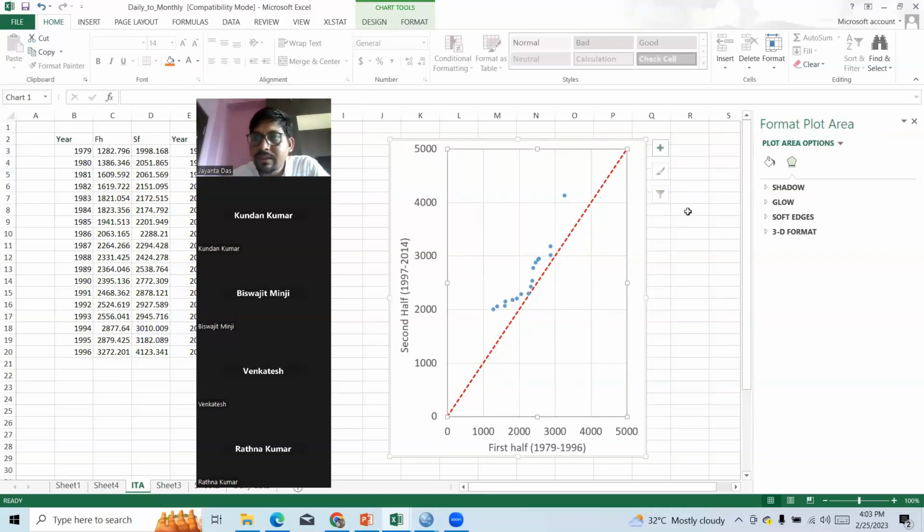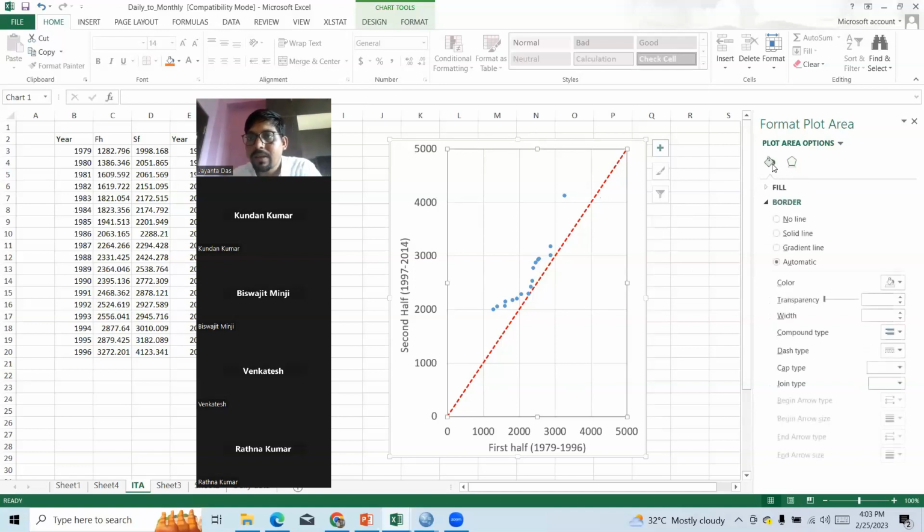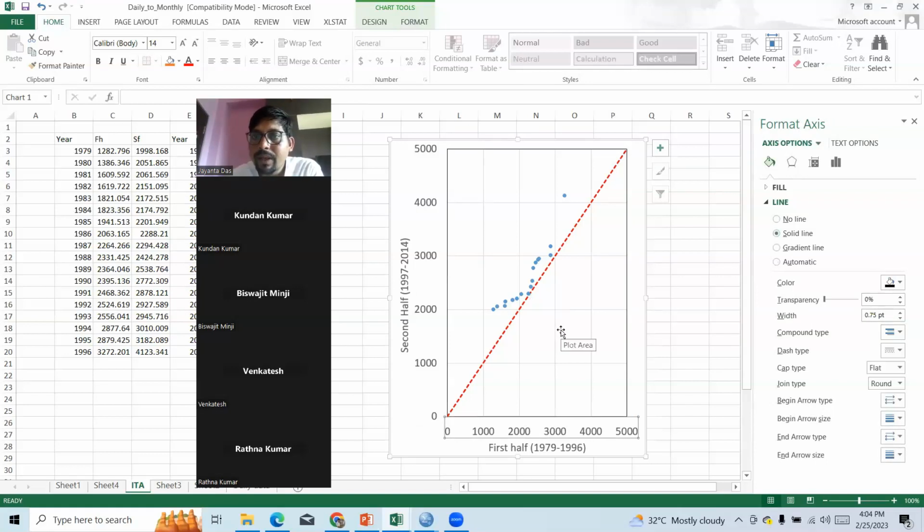Now select this plotting area. Now go to border. You can give any border like this. Select, change it. Then again select this solid line. Select the x-axis solid line. Okay.